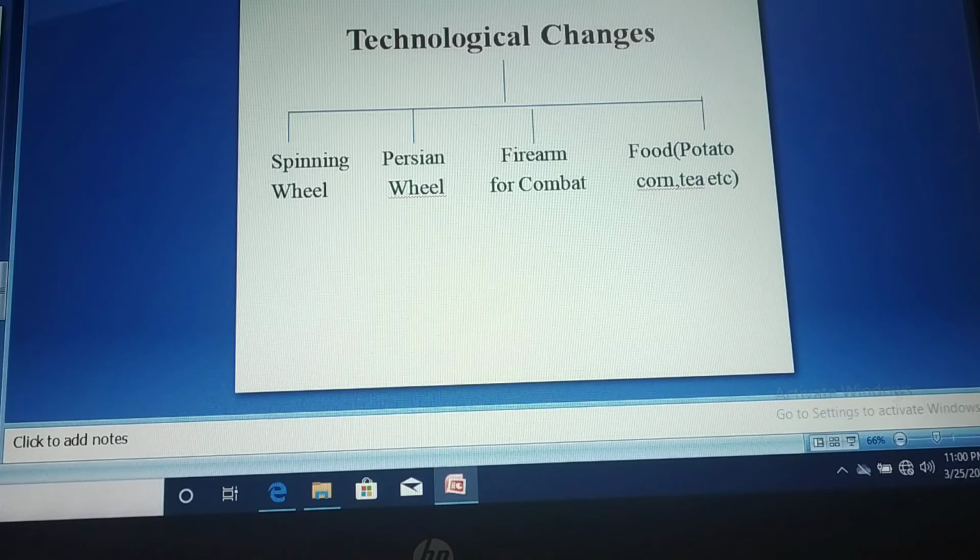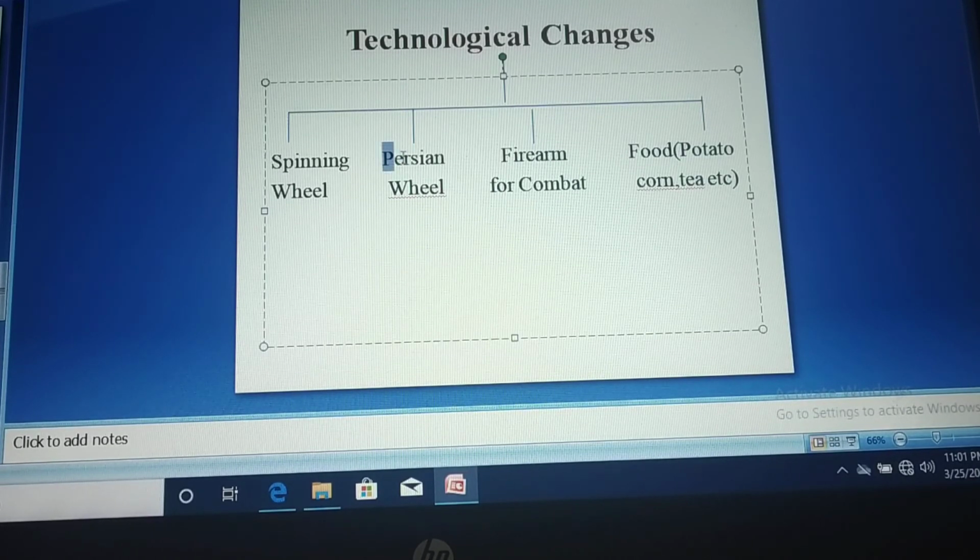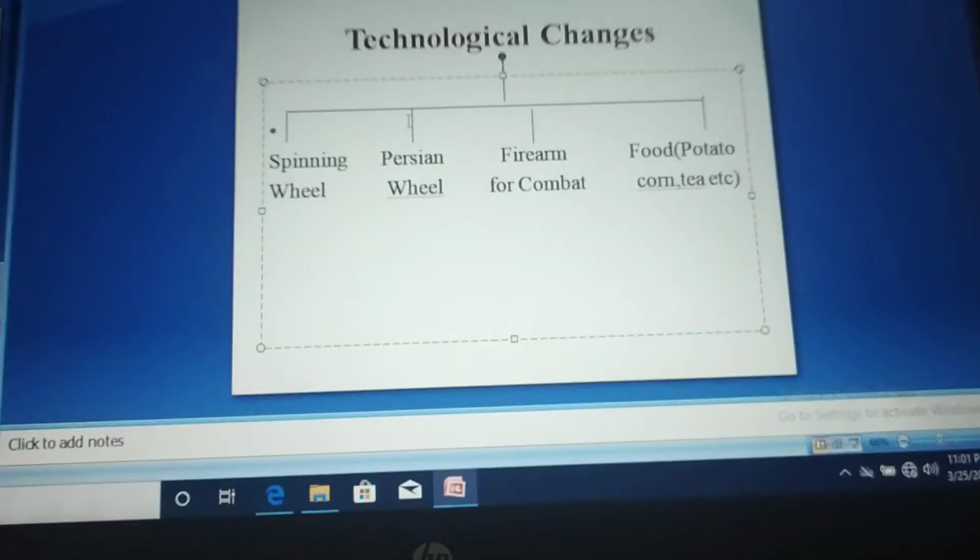The first is the spinning wheel. It was used in making cloth. The invention of the spinning wheel revolutionized the textile industry. The same with the Persian wheel. The Persian wheel was used in agriculture for irrigation. It helped irrigation a great deal.